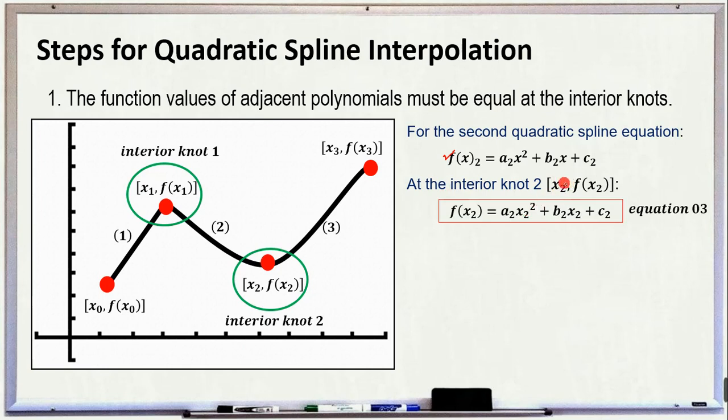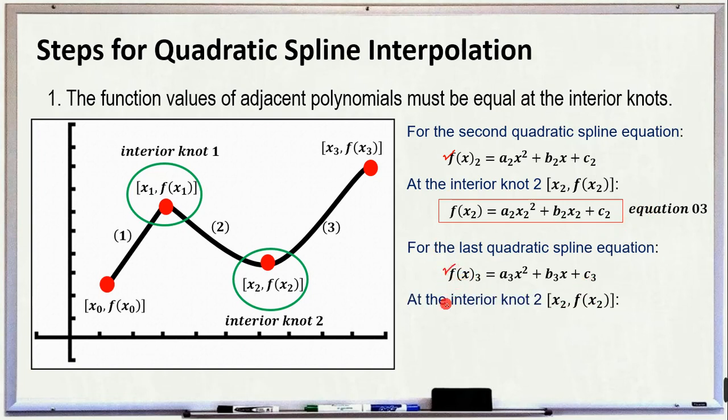We're going to substitute those into our second quadratic spline equation, and this will be our equation 3. Next, for the last quadratic spline equation, number 3, this is its corresponding format. Then we substitute the x and y values for interior knot number 2, and this leads to our fourth equation right here.